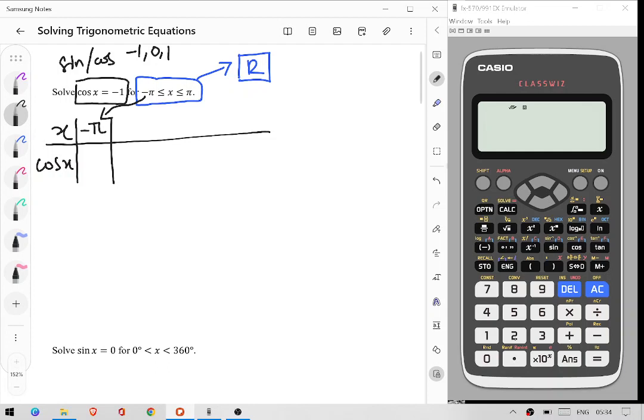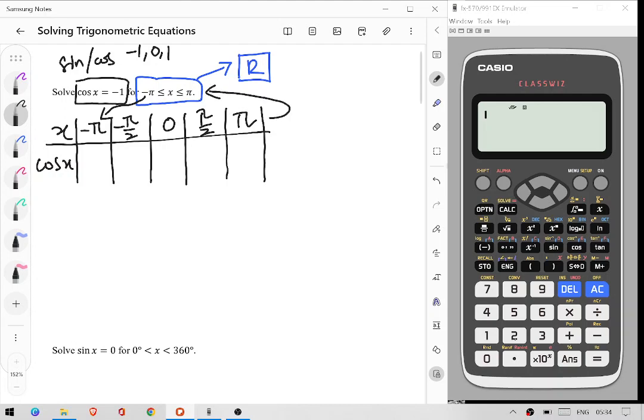Next we add pi over 2. So minus pi, add pi over 2 is minus pi over 2. Add some more pi over 2, 0. Add some more pi over 2, pi over 2. Add some more, pi. We can stop when we reach the end of the interval.